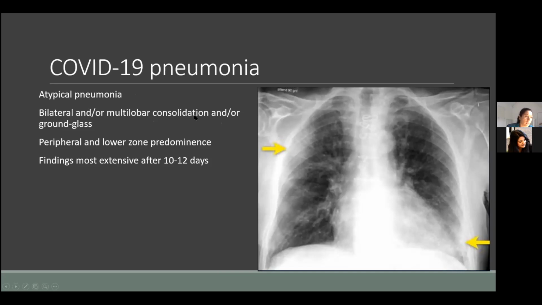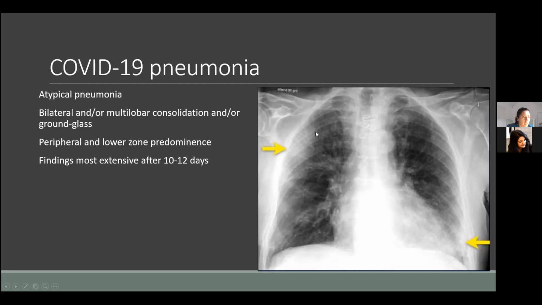Well, there are not really specific signs, but if you look at the chest X-ray in the later stage of the disease, you might see bilateral multi-lobar consolidations or ground glass. Ground glass opacifications, as I will show later on, are really difficult to recognize on chest X-ray, but you might be able to see them. I will show an example later on.